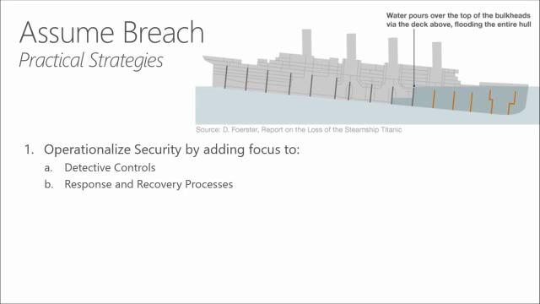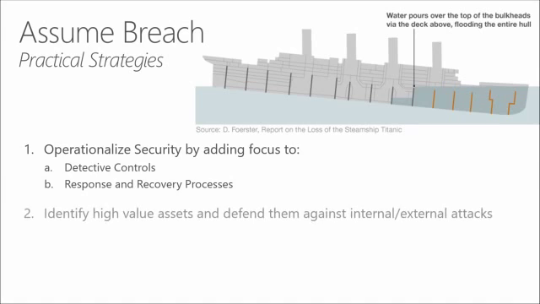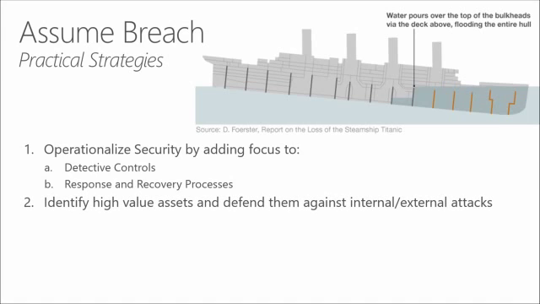And really gives us a good visual illustration. And so when we look at assumed breach, we have to operationalize security so that we're containing it in terms of the time an adversary has on the network, and that's a combination of detective controls and those response and recovery processes. And then the second piece is you really want to identify and understand what your high-value assets are, which we'll talk a little bit more in the information protection module, and defend those against those internal or external attacks.